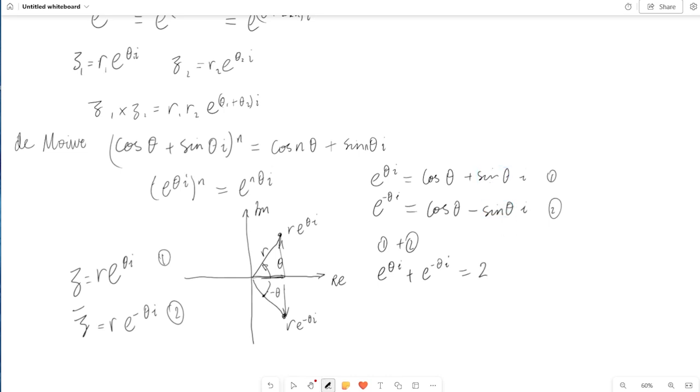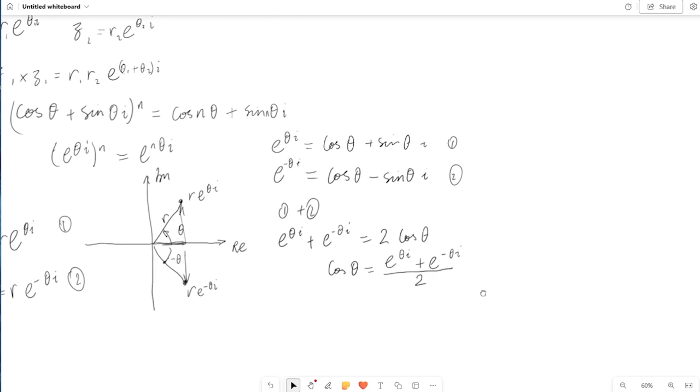So all you have is 2 cosine theta, and that means you can in fact represent cosine theta in terms of the exponential form of complex numbers. So there's actually a relationship between cosine theta and a pair of conjugates of complex numbers.